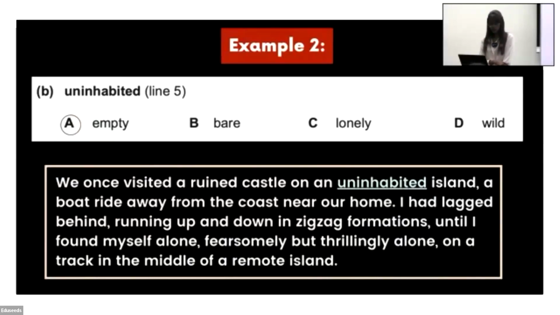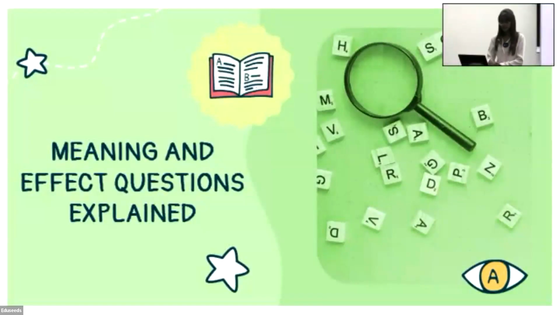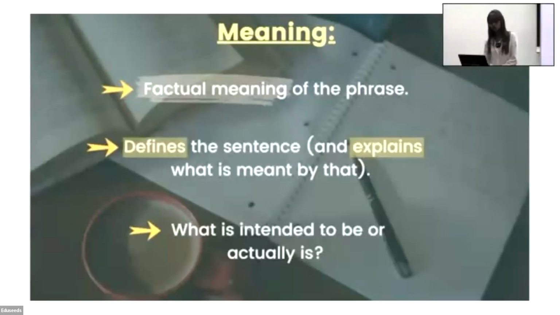The next part, where the most common mistake is made by candidates, is the meaning and effect questions. You need to remember, when they ask you for meaning, what are they asking for? Meaning means they want the factual or literal meaning of the phrase given. Basically, what defines the sentence and explains what is meant by it.